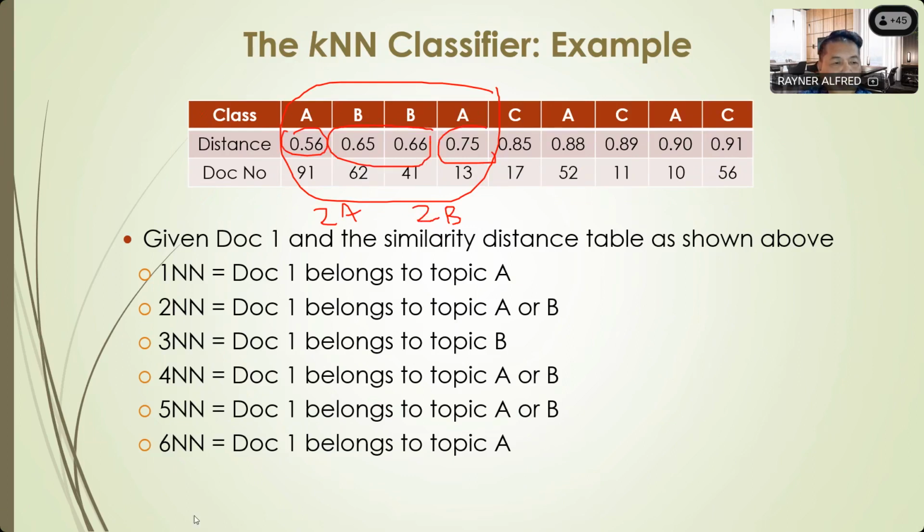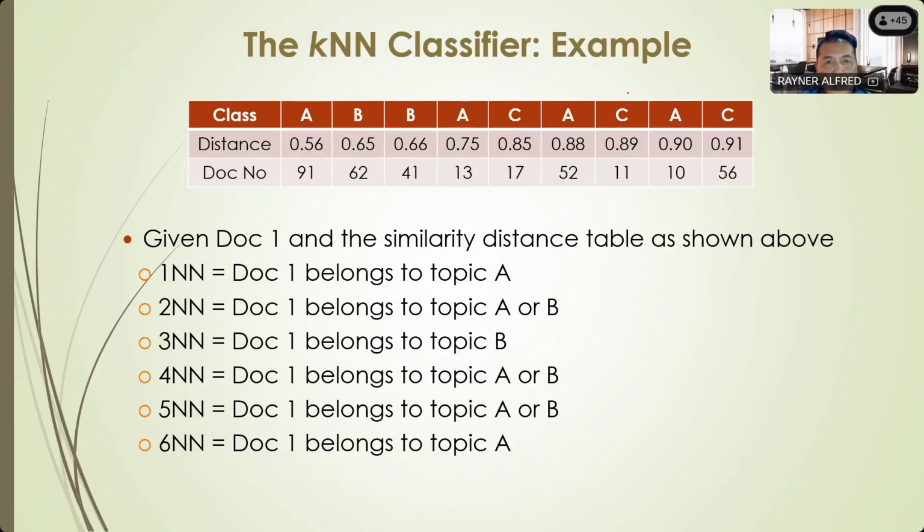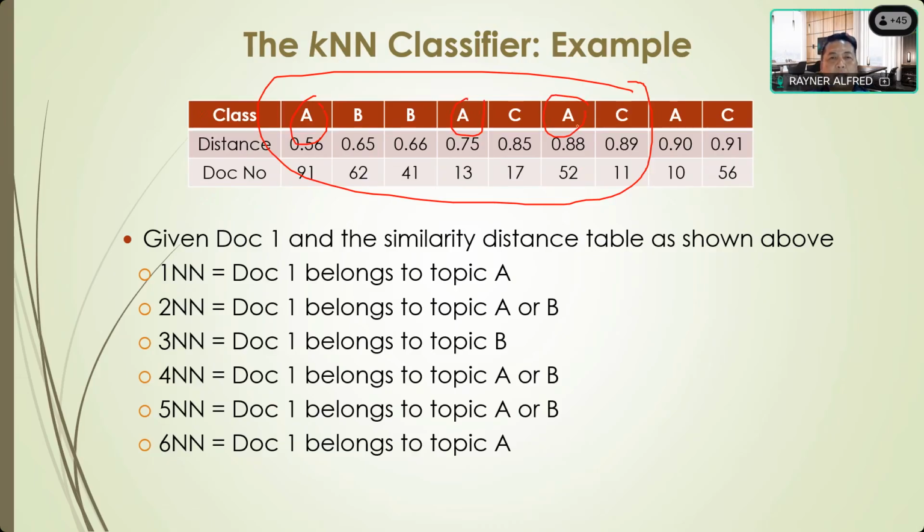If we are looking into 7 nearest neighbors, we have this, so the majority will be A. So we will assign the new document with class label A. Very straightforward. The skill that you need to know here is how to compute the distance between the new unseen document and the rest of the documents that we have.